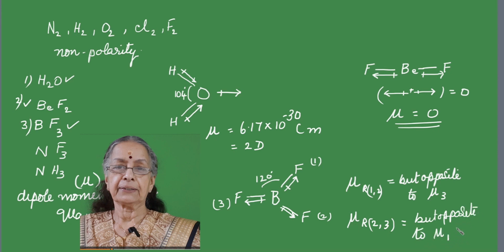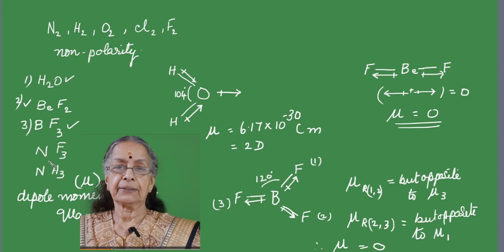So also the resultant dipole moment for bond 3 and 1 will be equal but opposite to the dipole moment for bond number 2. Therefore, the net dipole moment in this case also is 0.